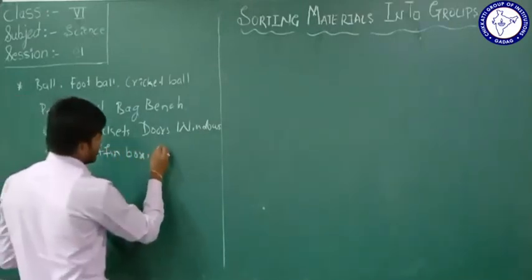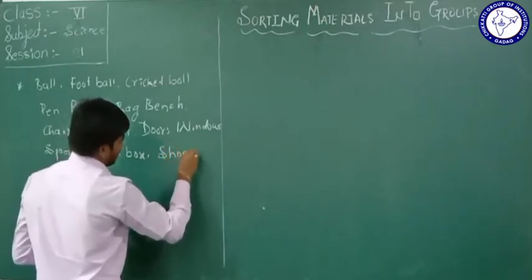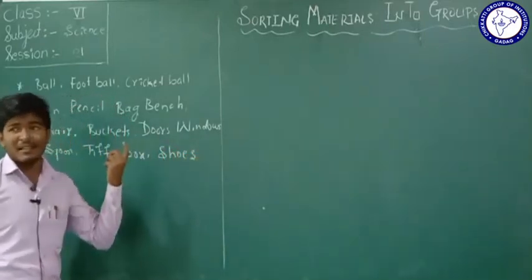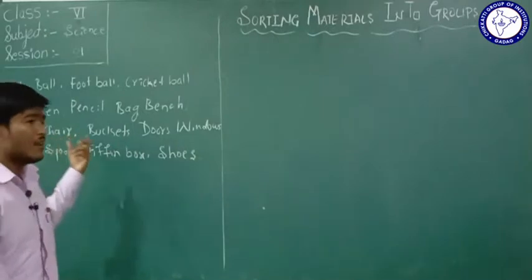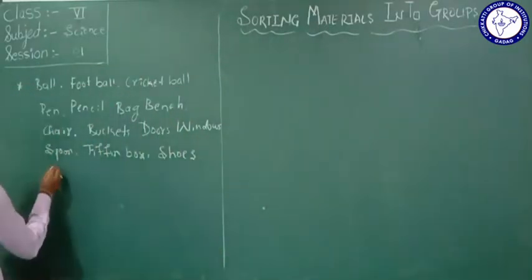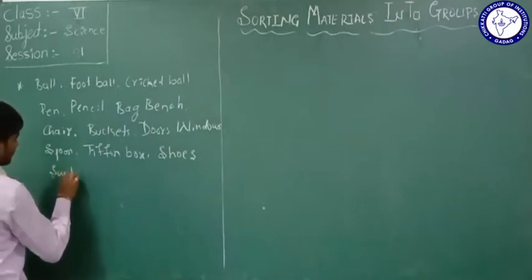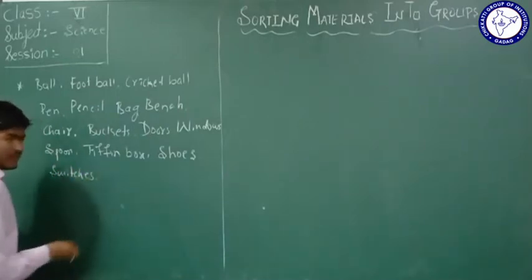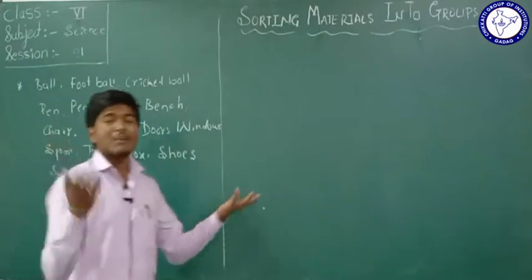Your slippers, shoes, anything we are going to take. These are the materials which we are going to see. Other than that, the switches, isn't it? So we are going to see a lot of materials here.